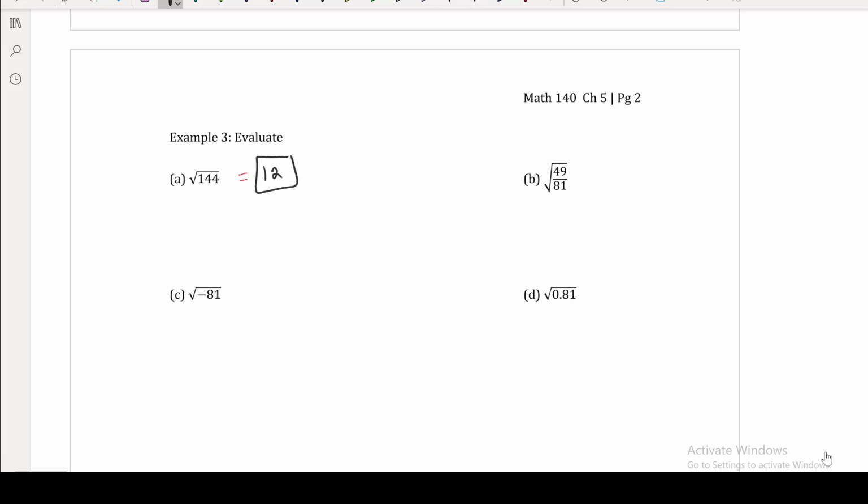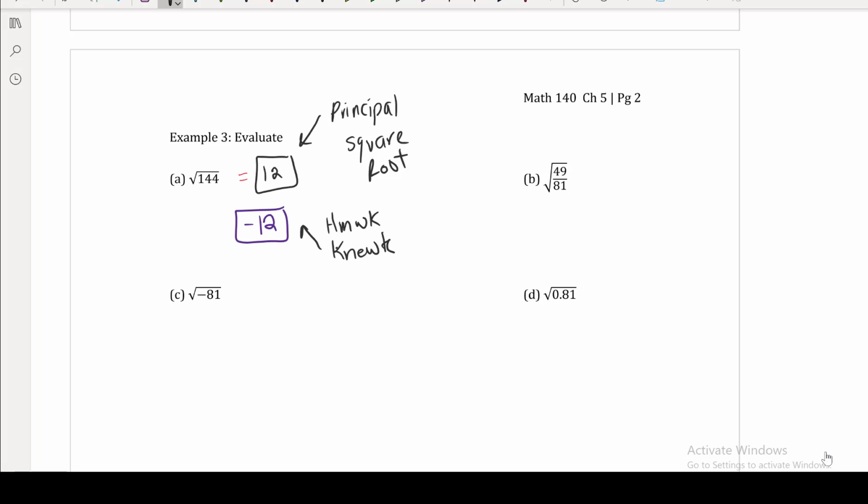It's the principal square root. I'm not really sure if your homework will want the negative square root, but the positive is definitely called the principal square root. I'm just unsure if the homework would want the negative. So that's just something to be aware of, okay?